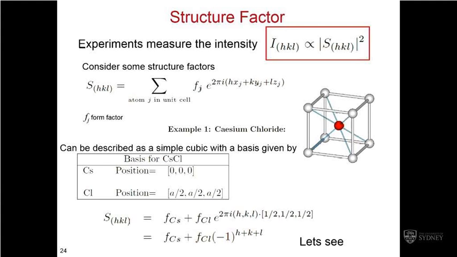You can think of it as a cubic structure with cesium at position 0, 0, 0. Here, the square brackets represent the position of the atom, not direction. So cesium is at the origin, and the other atom, chlorine, is right in the center, at half, half, half. And so we're going to obtain an expression like that. But let's just do it slowly together.